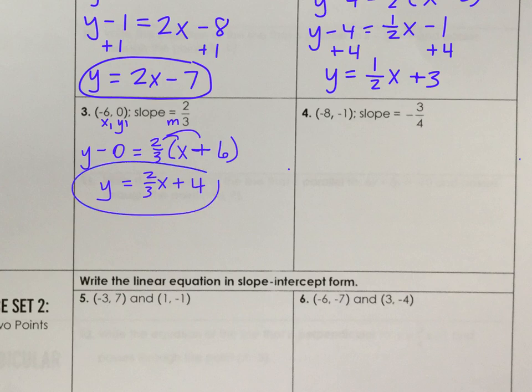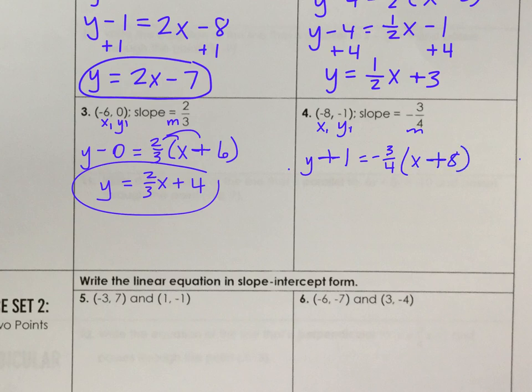And that's your answer. Our next one, x1, y1, and our m. y minus negative 1, two negatives make a positive, equals negative 3 over 4 times (x minus negative 8).